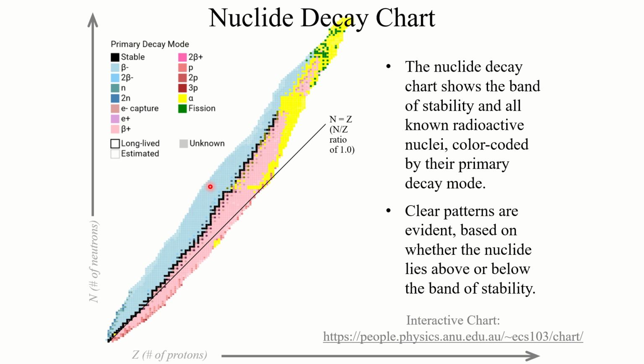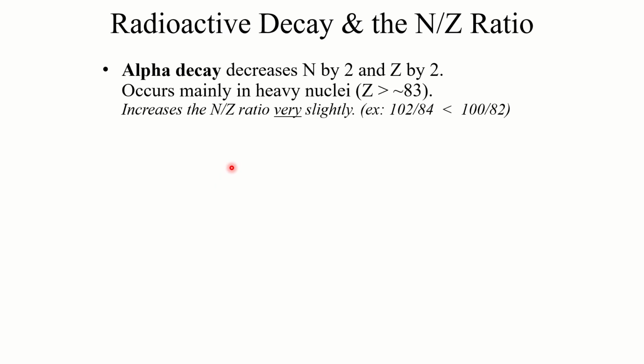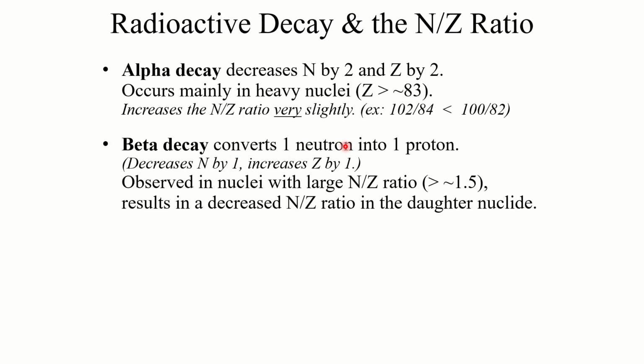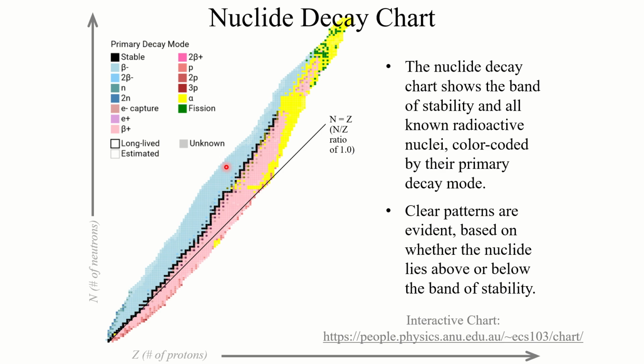Anything that is up here is likely to undergo beta decay, because beta decay, again, converts a neutron into a proton. So if I go back to this chart here, if I'm right here and I'm trying to get to the band of stability, I need to go this direction, right? I need to go down and to the right. How do I go down? Decrease the number of neutrons. How do I go right?